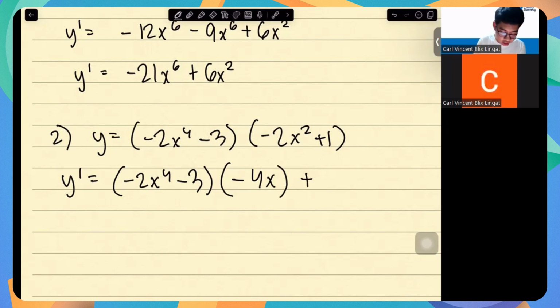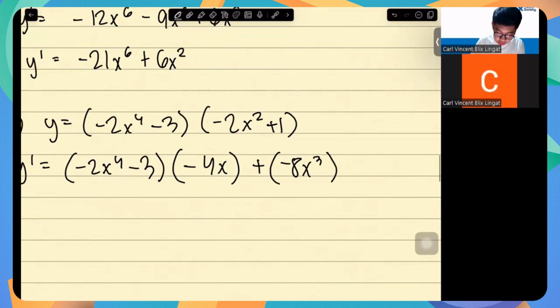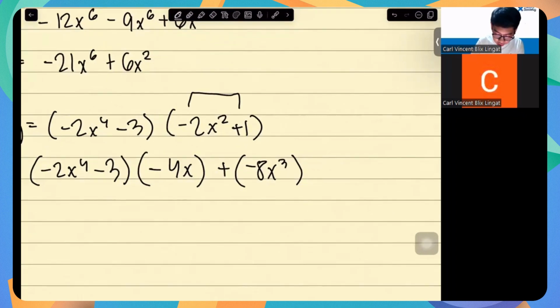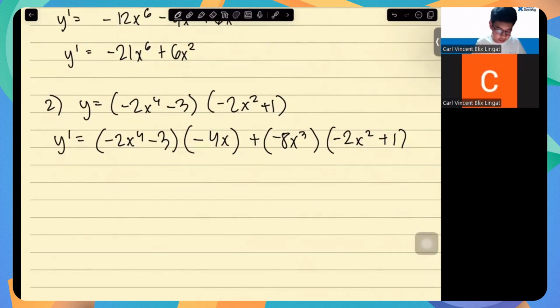Now, let us get the derivative of this one, of this part. So it's going to be negative 8x cubed, okay, times, just copy this. So negative 2x squared plus 1. Now, after that, we can now just distribute into the parentheses.